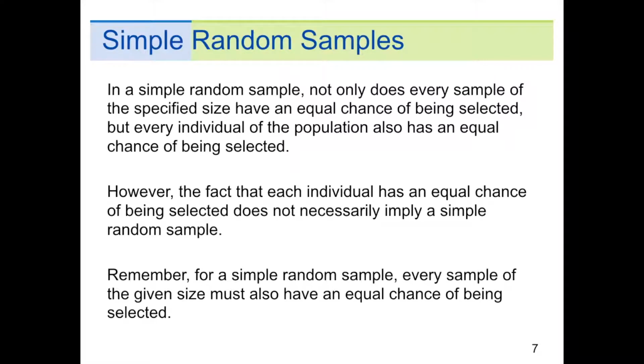Remember, for a simple random sample, every sample of the given size must also have an equal chance of being selected. So what that means is there are many different ways to choose a random sample, but for a simple random sample, you've just got one group and you randomly choose a certain number from that group.